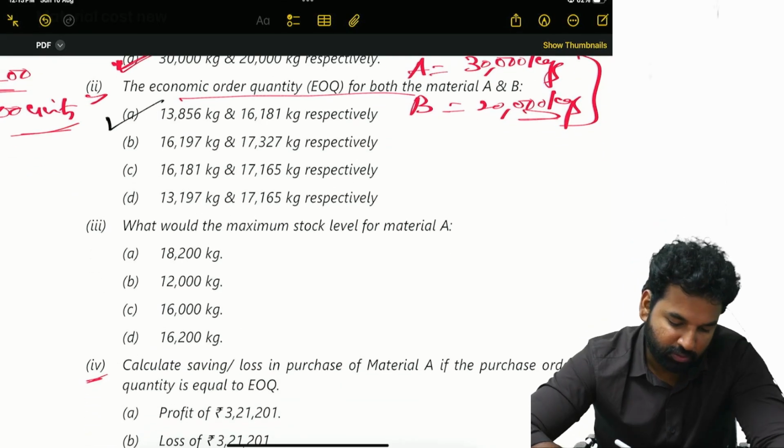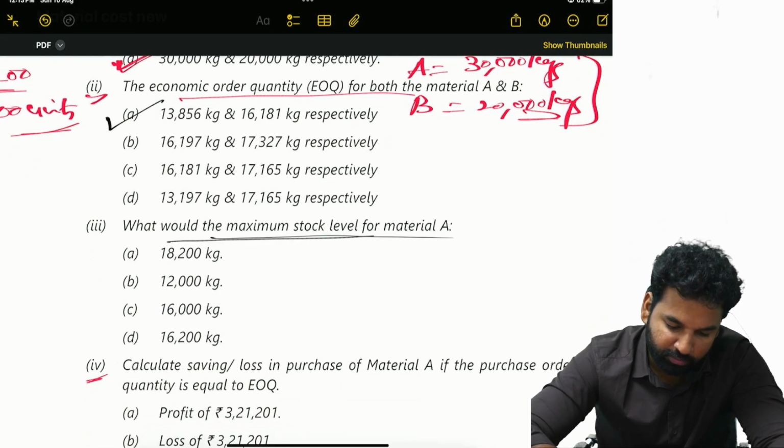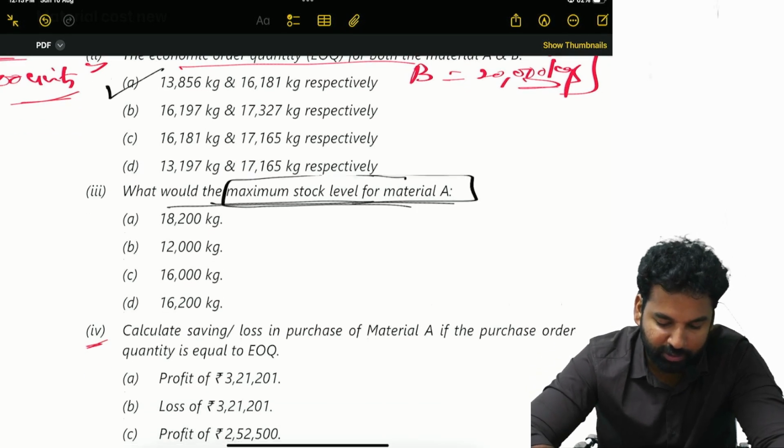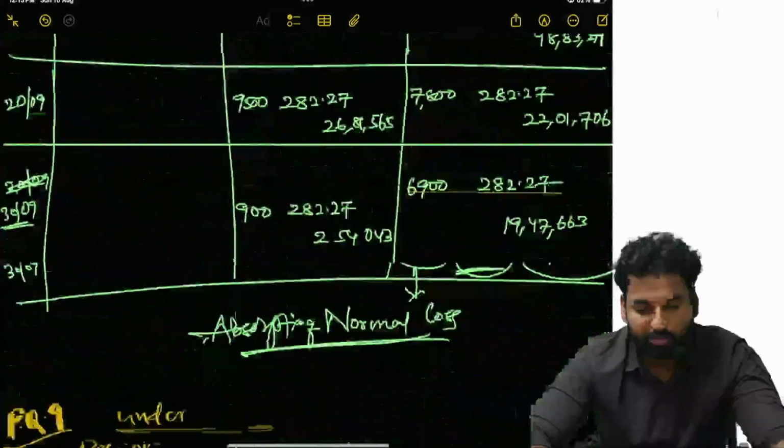Okay. Next, what would be the maximum stock level of material A? They are asking. What is the formula for maximum stock level?